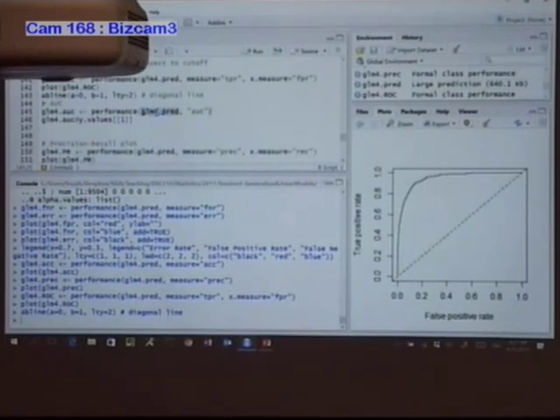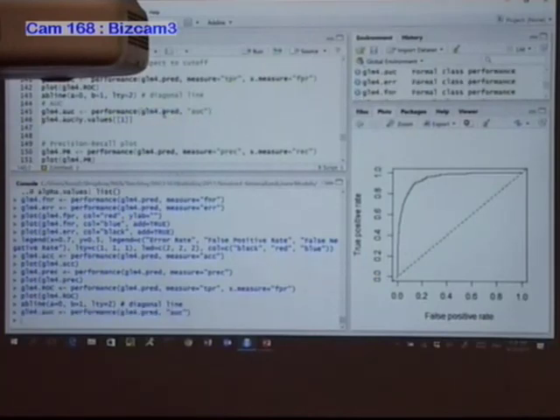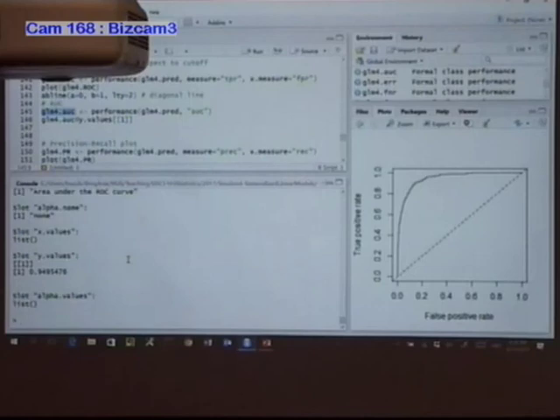Also, you can do AUC, but just keep in mind AUC is not related to the cutoff, right? It's the overall area. We just talk about that. So it's performance AUC. You will get that, but the output is a bit ugly. You can see what's inside the AUC thing.